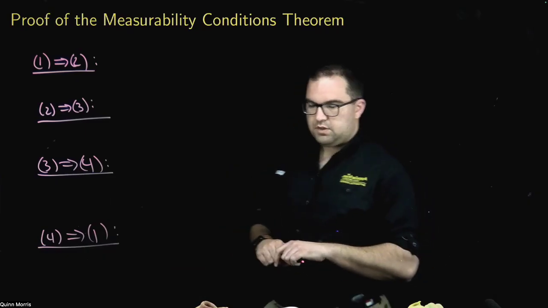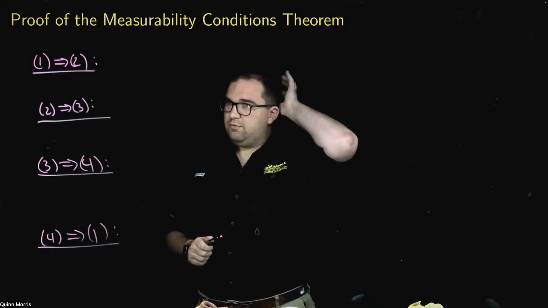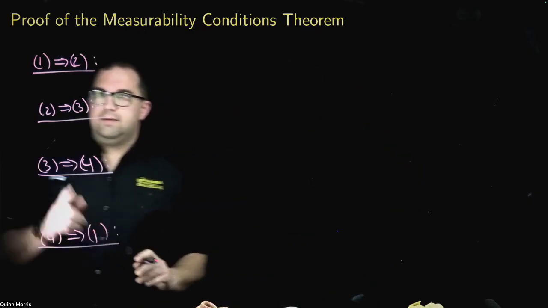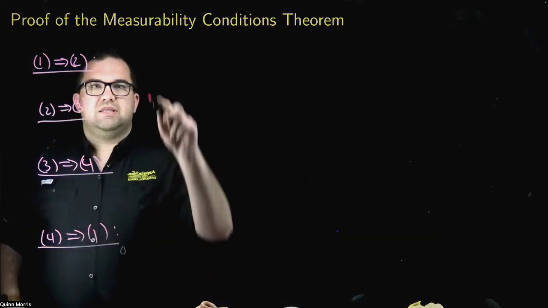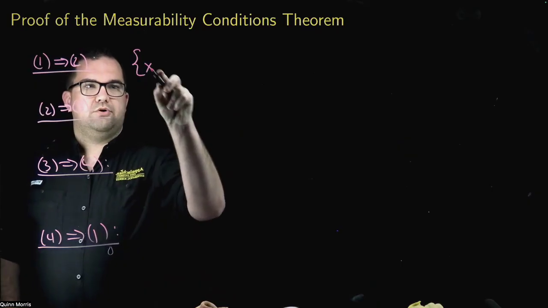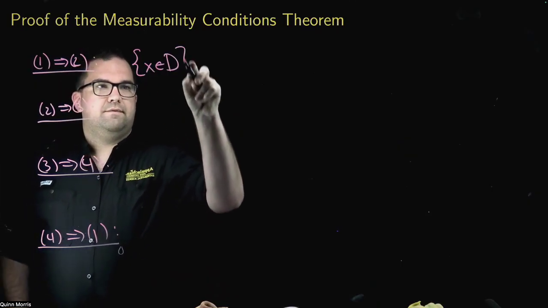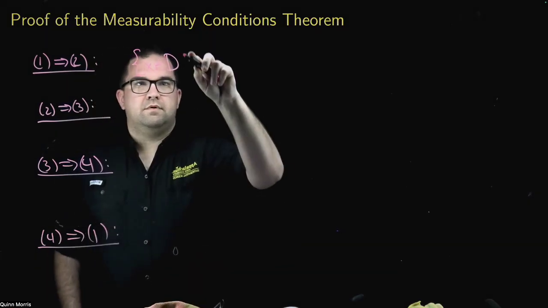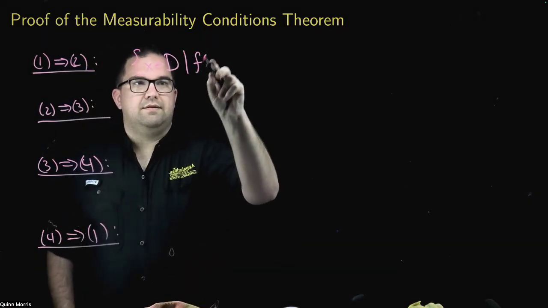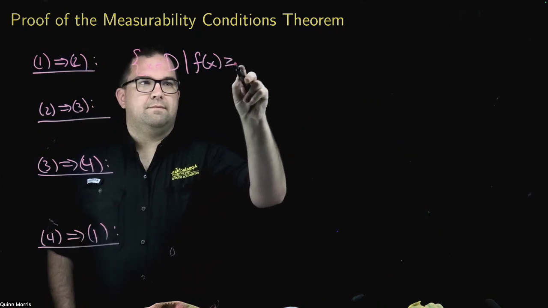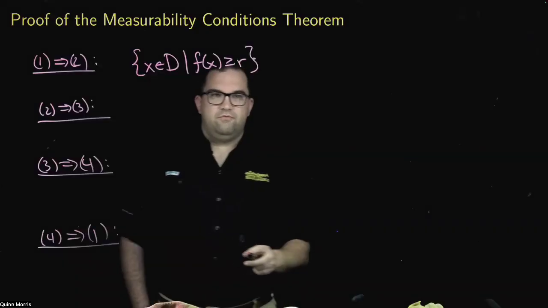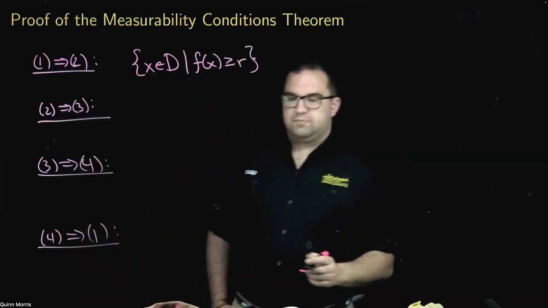All right. So the first thing I want to do: if I want to show that 1 implies 2, let's see, what is the thing I want to prove then? Well, I want to show that this set is measurable for every r. Okay.